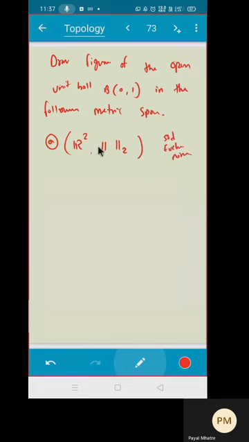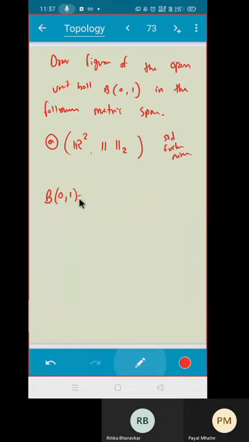The set of all (x, y) in R2 such that the norm of (0, 0) minus (x, y) is less than 1. Sorry, just less than, not less than or equal to.